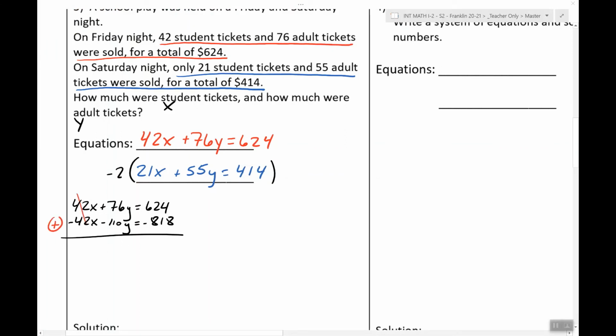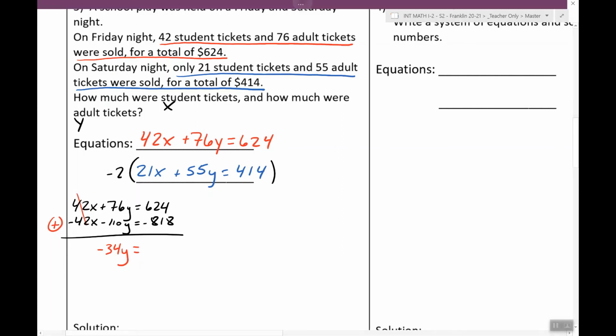So if we add these together, the x's will cancel. We'll get -34y here. 76 plus -110 is -34. And 624 plus -828 is what that should be.